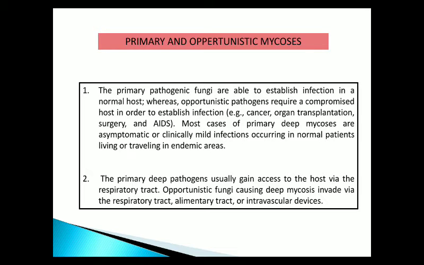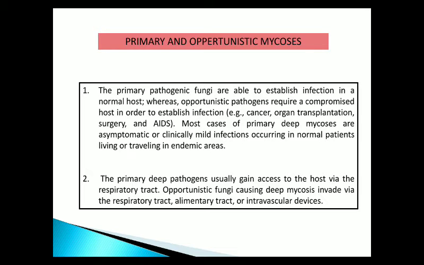The primary deep pathogens usually gain access to the host via the respiratory tract, and the opportunistic fungi causing deep mycosis invade via the respiratory tract, alimentary tract or intravascular devices. That means when we encounter air, the spores of fungi can enter our respiratory tract, and if they somehow cause disease to us, this is obviously caused by these primary pathogenic fungi.